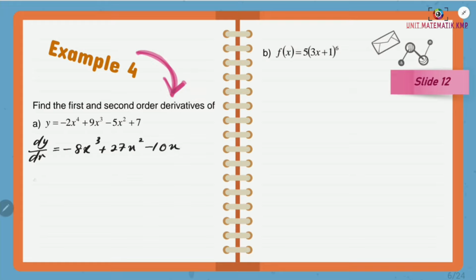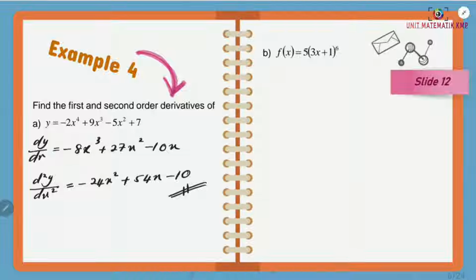Next, for the second derivative, we write d2y/dx squared and differentiate again with respect to x. We have negative 24x squared plus 54x minus 10.